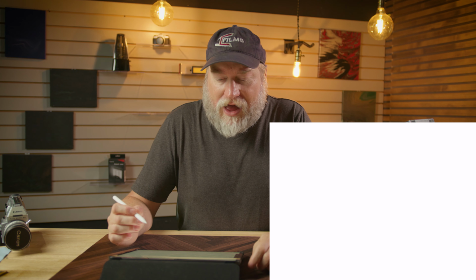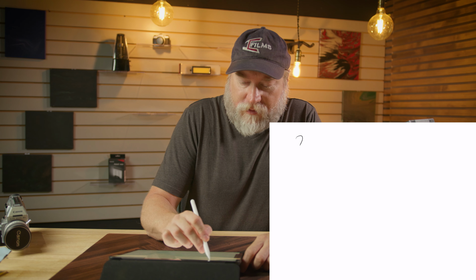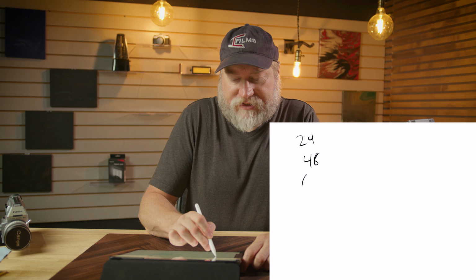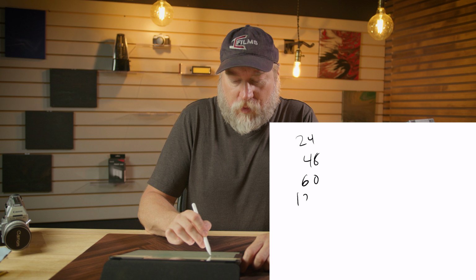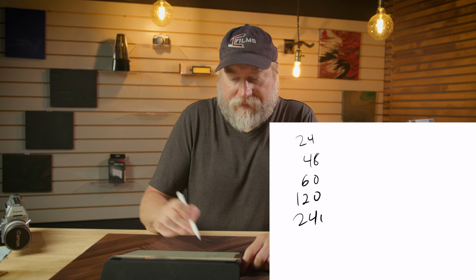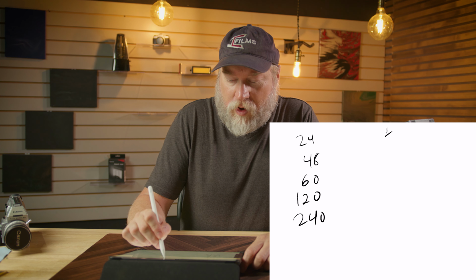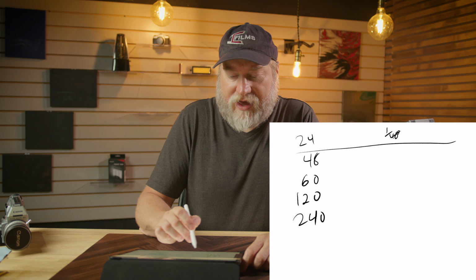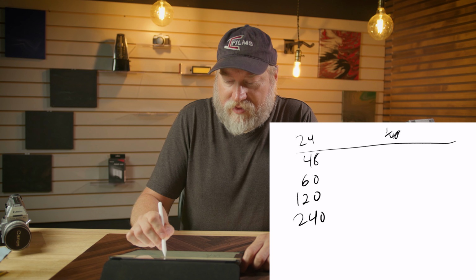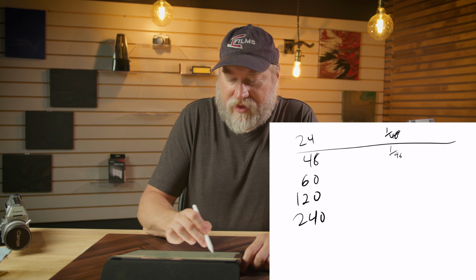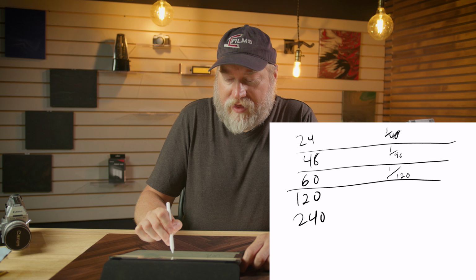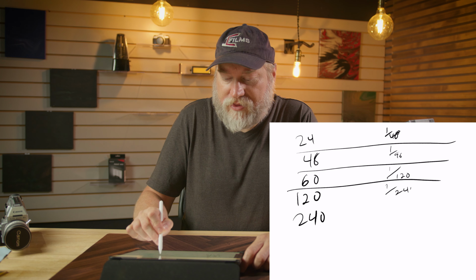So to draw that out, what that means is we have 24 frames a second. We might shoot at 48. We might shoot at 60. We might shoot at 120, 240. So this would be 1/48th to be at a 180 degree. This would be 1/96th. This would be 1/120th. This would be 1/240th.